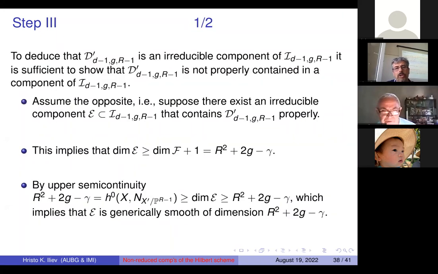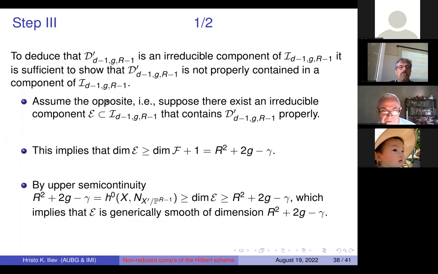Step 3, as I mentioned, is the step in which we show that this closure, which I denote d prime, is not contained properly in a component. So this is crucial. For this, I'm just going to mention how the proof goes further without giving any details.